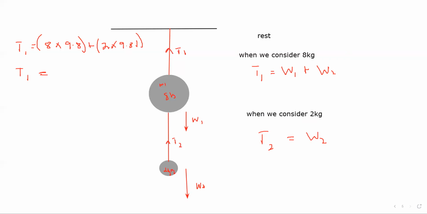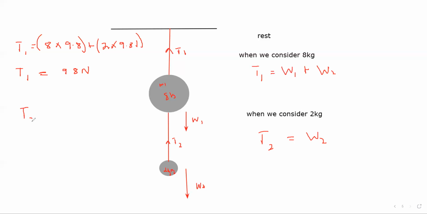What's the final answer for T1? 98. So T1 is equal to 98 Newton.